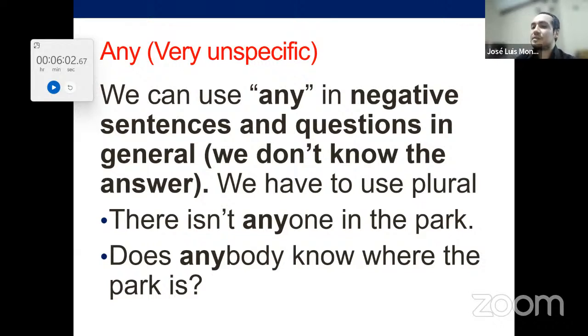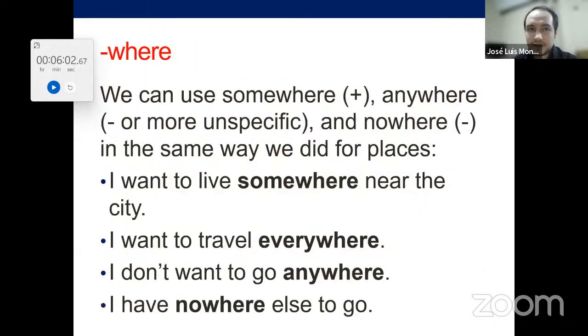These are questions in general when you don't know the answer, and that's why it's unspecific. And you add where at the end of every, some, any, and no, for a place with certain details.